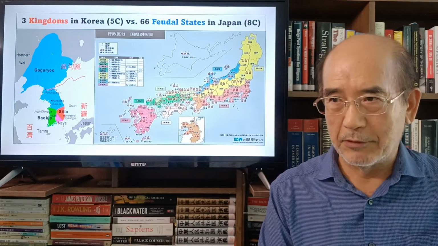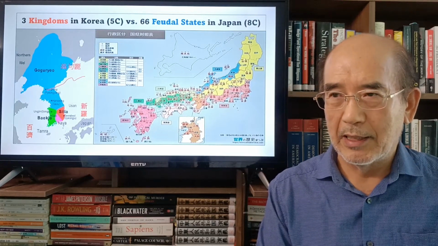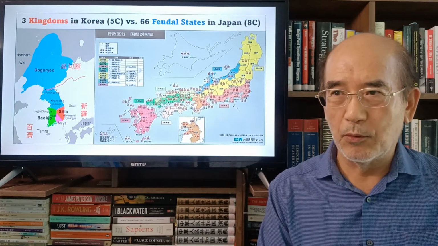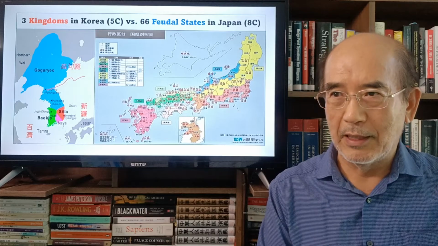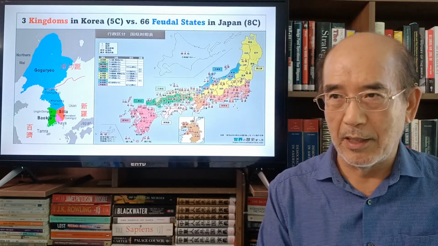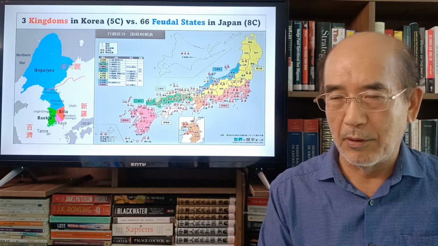But the map on the left side is actually quite old. That is the map when Goguryeo was the most powerful. So today's Manchuria was actually under the rule of the Goguryeo political elite.